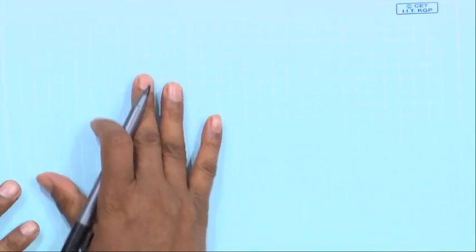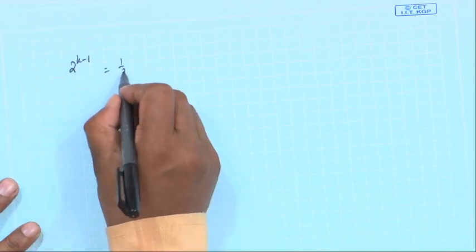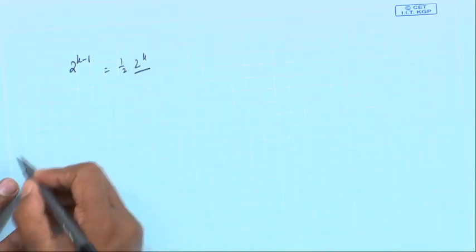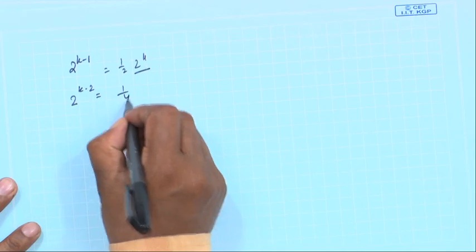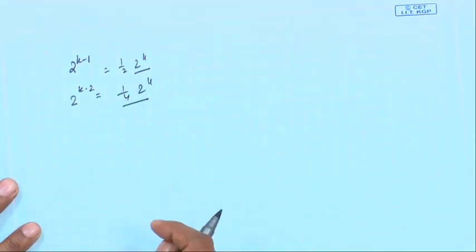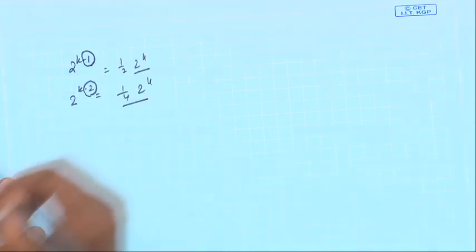When we are using 2 blocks, we say 2 to the power k minus 1, that means 1 by 2 into 2 to the power k. When we are using 4 blocks, we say 1 by 4 into 2 to the power k. So, here 2 is very important, here 1 is very important.